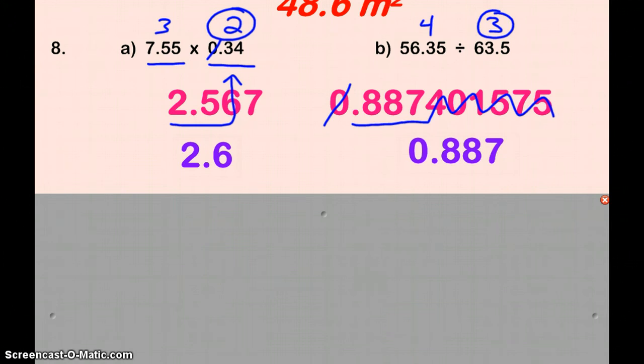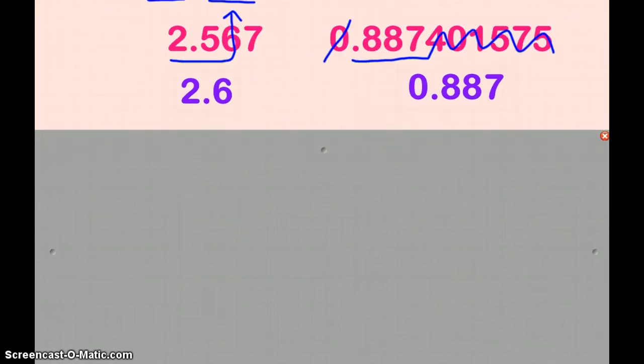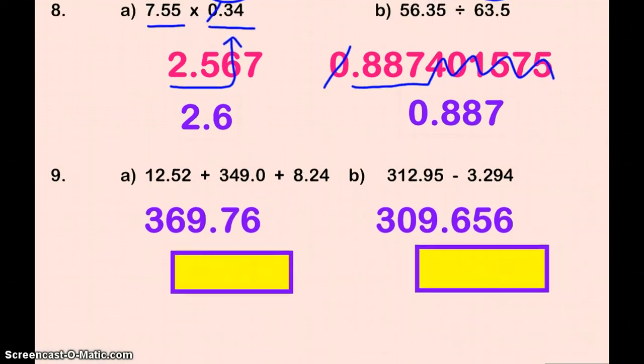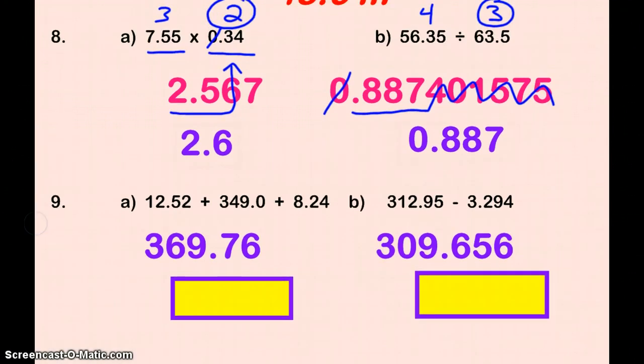With adding and subtracting, our rules are a little different. And so we see a sample here. With adding these 3 numbers, as our rule says, when we add or subtract, our answer should match the measurement with the least amount of numbers after the decimal point, our least accurate measurement.